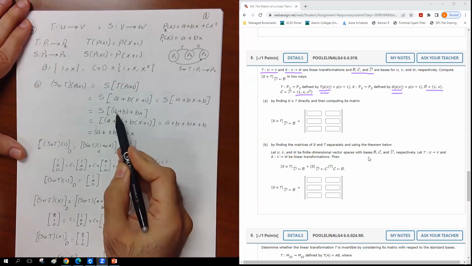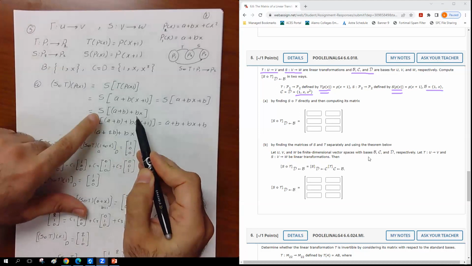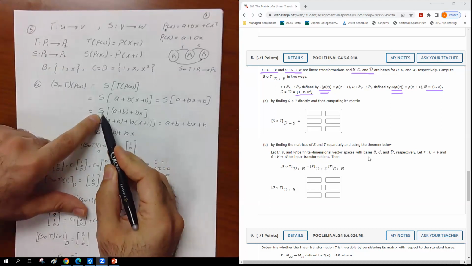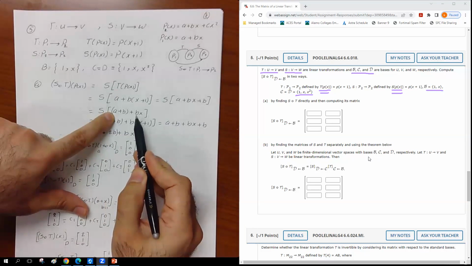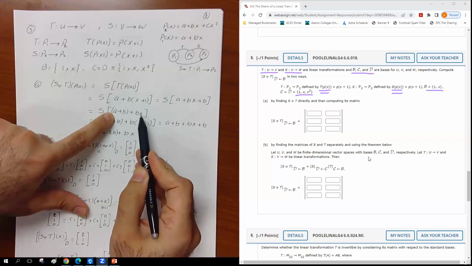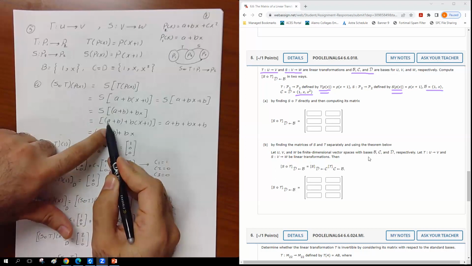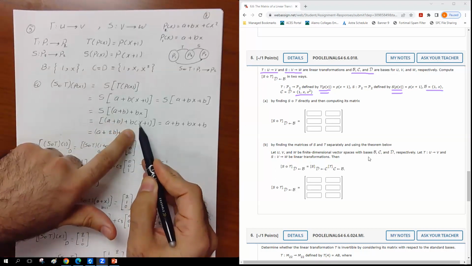So it's going to be a plus b, and here's bx. Now to take the transformation S, this is a, and here is b. I'm going to do the same thing: I'm going to plug in x plus 1 instead of x. So here is the first term, a plus b, and here is the second term, b times x plus 1.